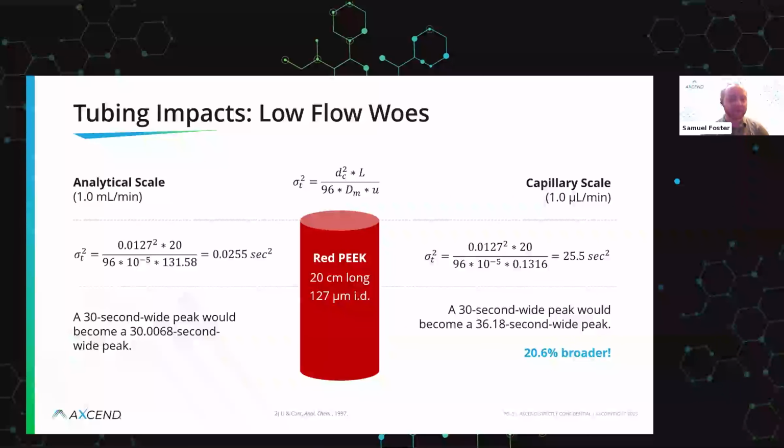If you took that same piece of tubing, but put it onto the capillary scale, we would see about a 6.18 second increase. And so that's about a 20% broader peak due to a single length of 20 centimeter peak. And so minimizing these volumes and the impacts of tubing is one of the key considerations when you're working down at these lower flow rates.